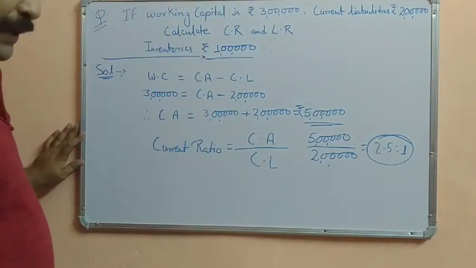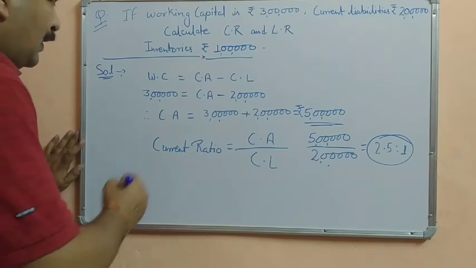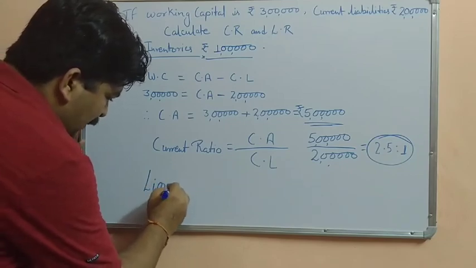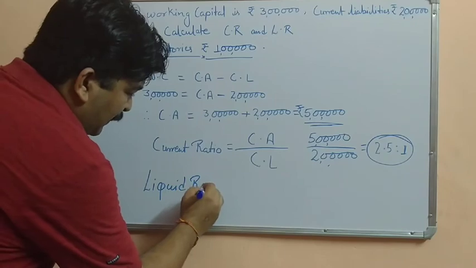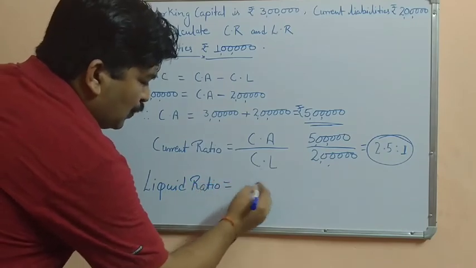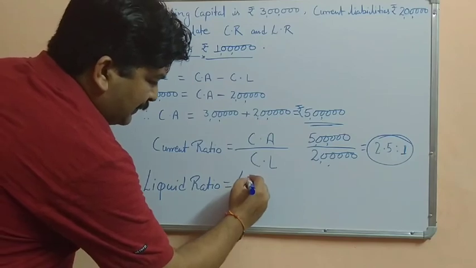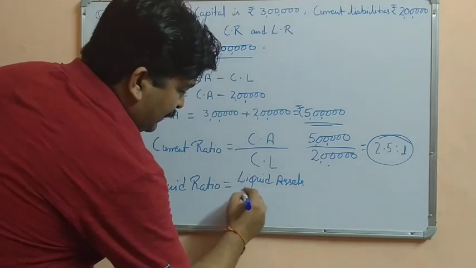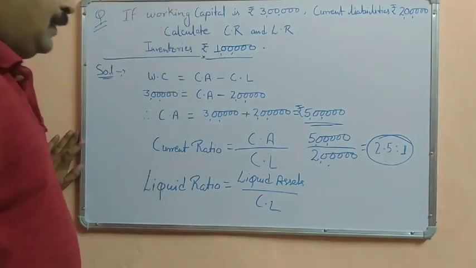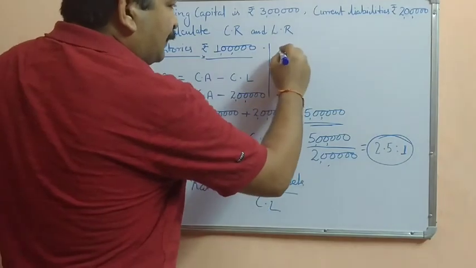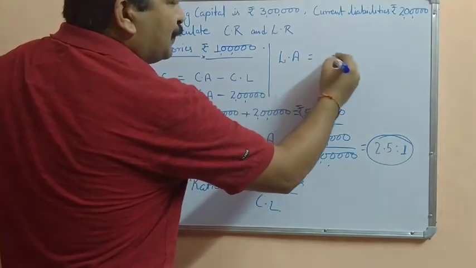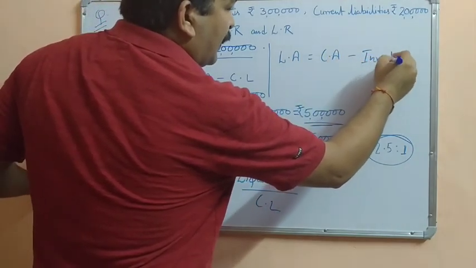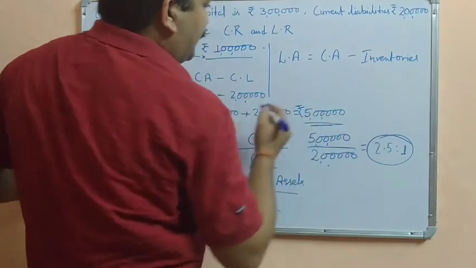Okay. Now let us see how liquid ratio is calculated. For liquid ratio, we need liquid asset divided by current liability. How will you calculate liquid asset? Liquid asset equals current asset minus inventories.